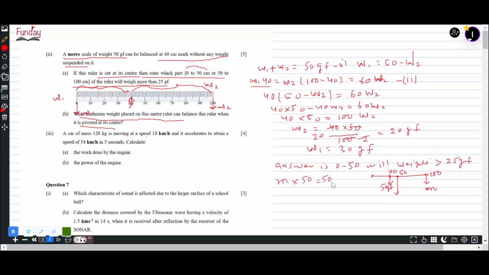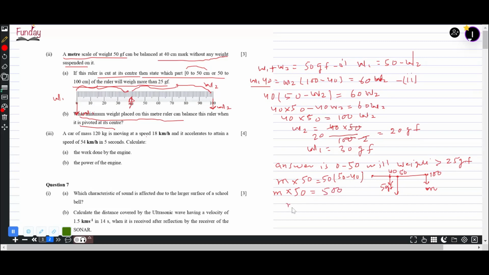That was the weight of the scale. At what distance is it placed? It is placed at 50 minus 40, so this is 10. I'm trying to do it very slowly so that you can understand. Is equal to 50 into 10 is 500.